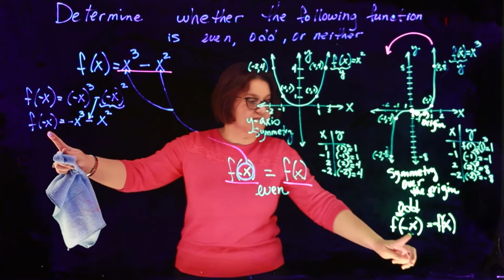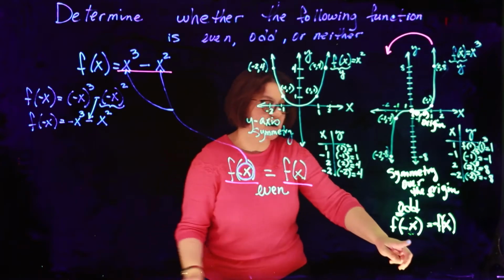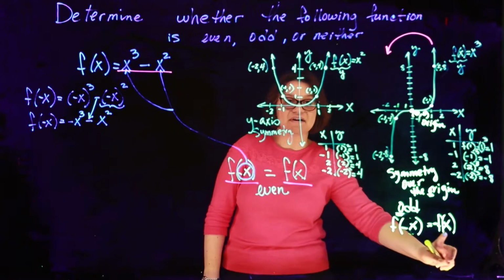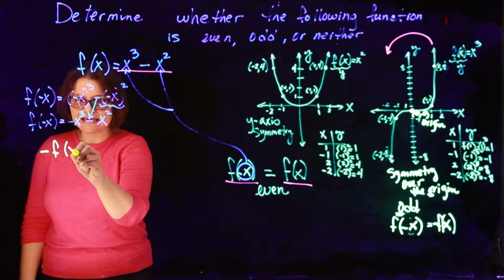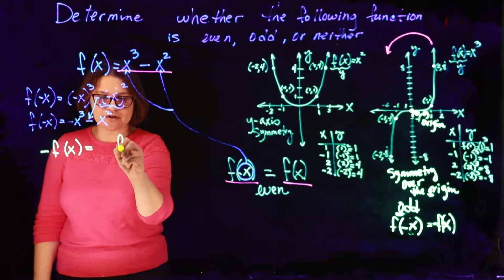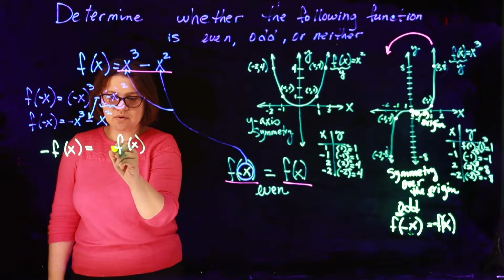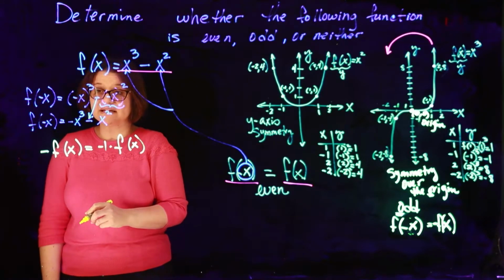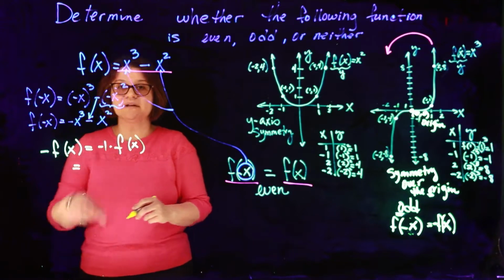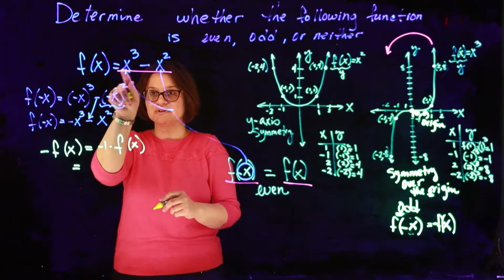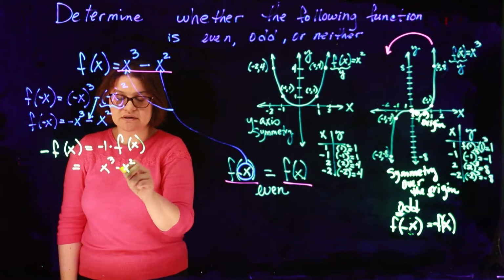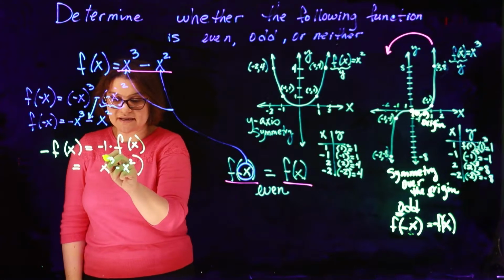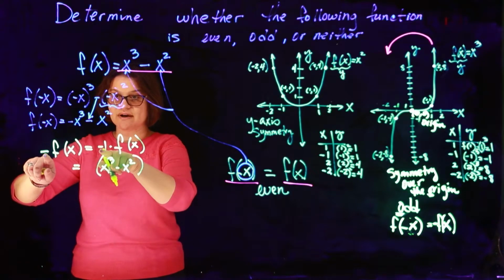Here's my f of negative x, but now I have to compare it to negative f of x. What is negative f of x? Well, it's the same thing if I take the original function and multiply it by negative 1. Well, that's exactly what I'm going to do. I'm going to take my original function, remember it was written in blue, x cubed minus x squared, and now I need to multiply it by this negative 1 right here.